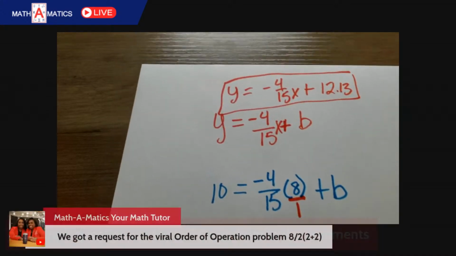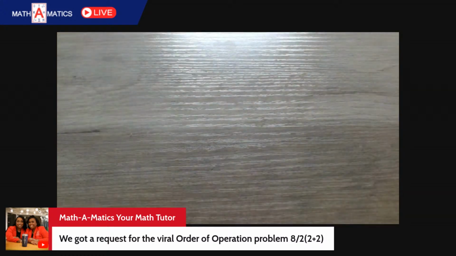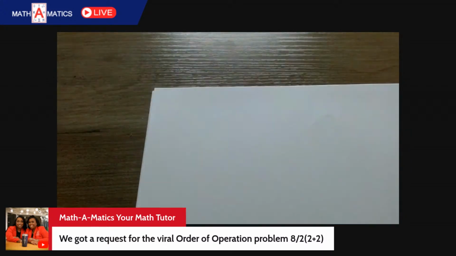We got a request for order of operation. All right, let's jump into it. Thank you so much for your request tonight. We absolutely appreciate you all tuning in. I'm going to make sure that I'm seeing this right.